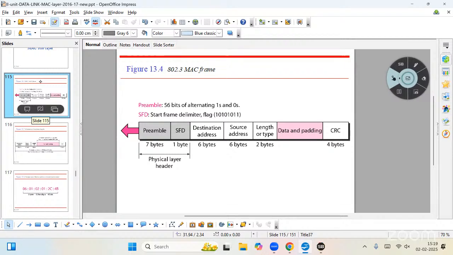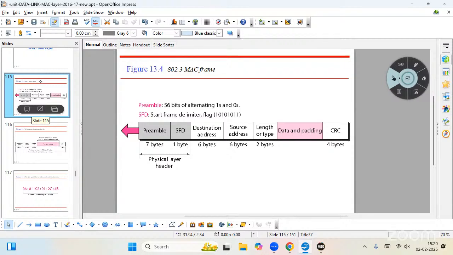Or they will ask to explain, discuss, illustrate or describe CSMA. Next, a 14 marks question: explain CSMA, CSMA/CD, CSMA/CA. Explain all these mechanisms. Total how many marks? 14 marks. And one more question, for 7 marks.